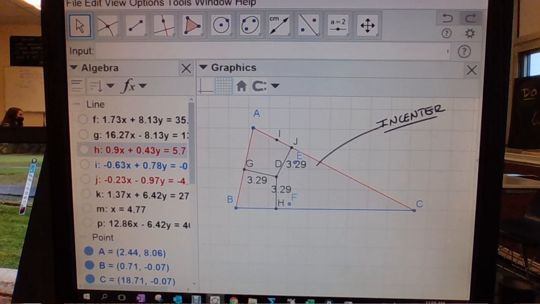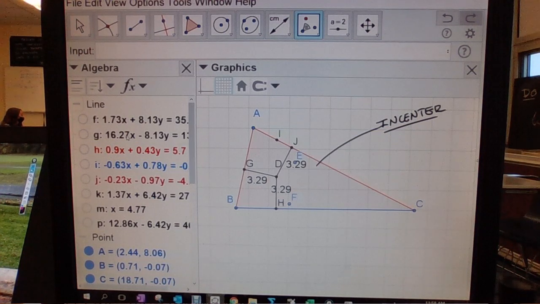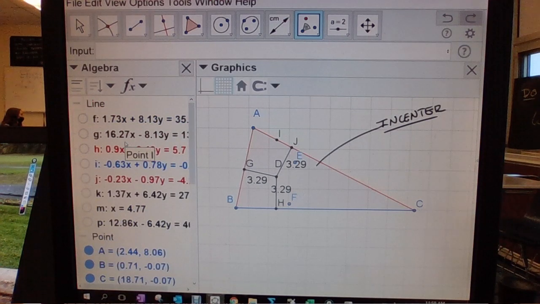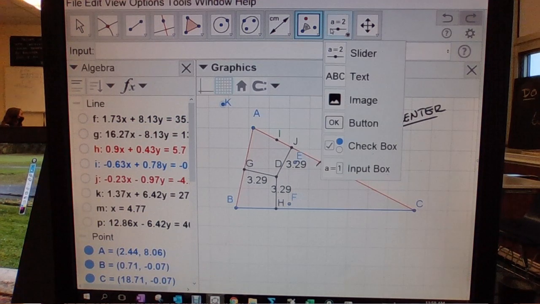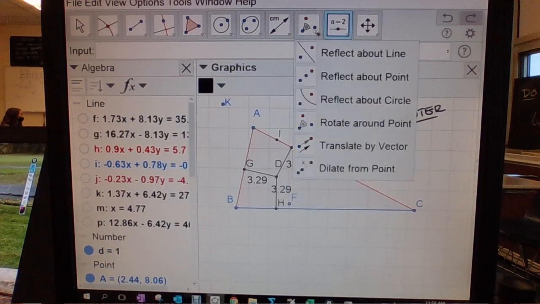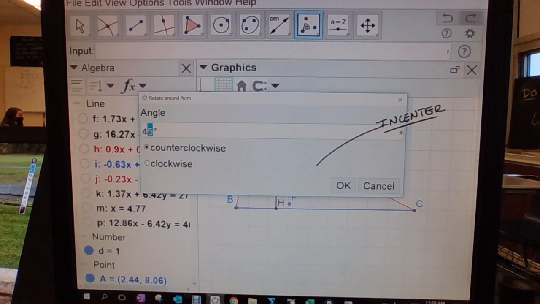So if we do the same thing that we did with the circumcenter, 0 to 360. Okay. I'm going to rotate that segment around the incenter.